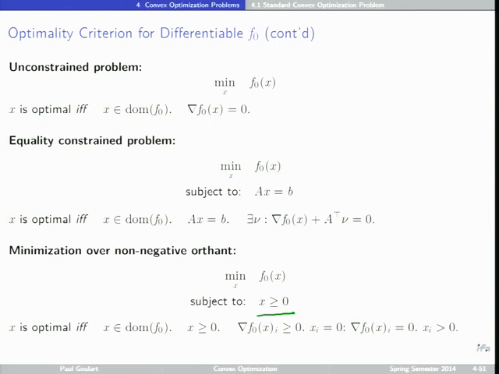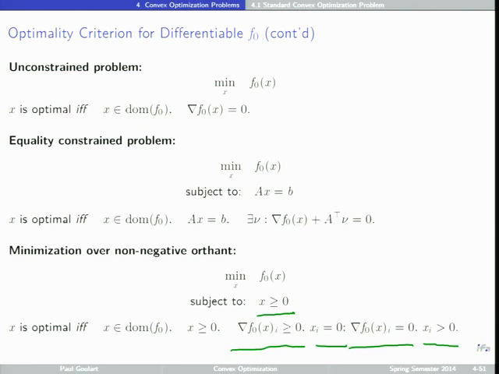If the ith element of the gradient of the function is greater than or equal to 0, then x_i has to be equal to 0, which says something like, when I find myself at a point where the gradient is not 0, I have to be up against the bounds. And if I find myself at a point where a component of x is bigger than 0, then at that point the gradient has to be flat.